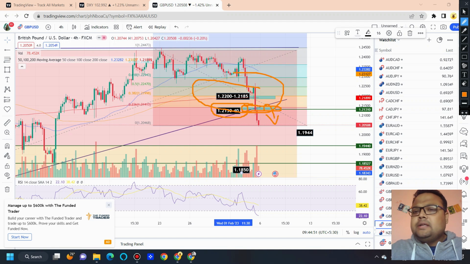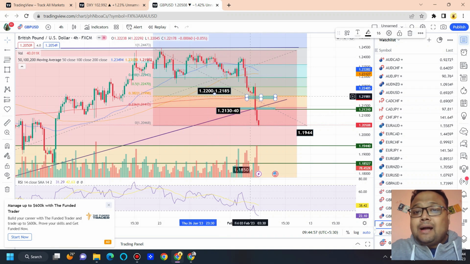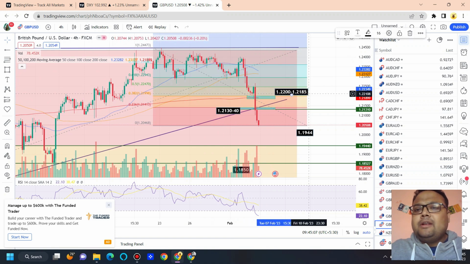And why are we using this resistance here? Because you can see here we have Fibonacci 38.2% retracement here. Then market has bounced previously. Along with that, we also have the 200 moving average. So if we combine all the factors here, there is a possibility that this level here, 1.2200 to 1.2185, will be acting as the sub resistance for the market.